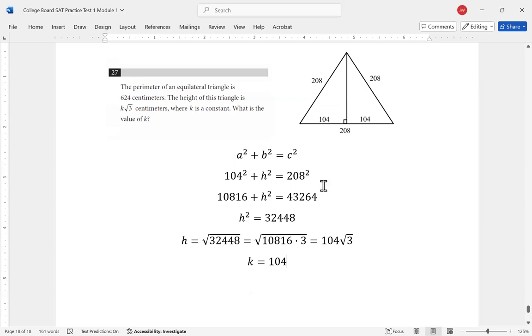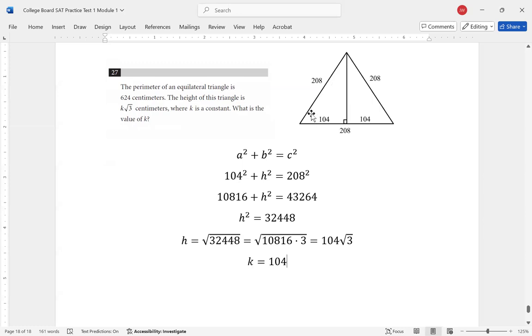The other way to do this problem is to realize that equilateral triangles also have another property, that their angles are all the same. So this angle on the lower left corner would have to be equal to this angle on the right corner. And if you add these two angles together on the top corner, all those would have to be the same.